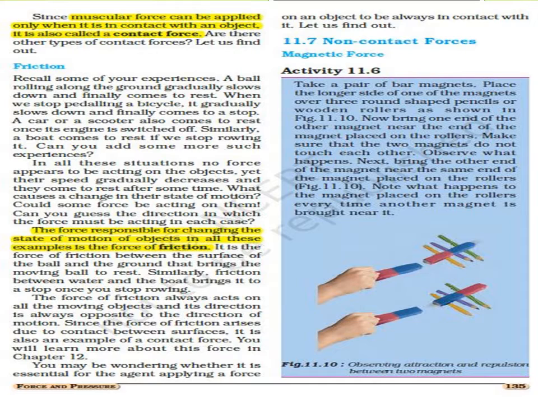Why do we not slip? Because a force arises between the feet of our body and the floor or the road, and this force is the force of friction. So it is responsible for changing the state of motion of objects.